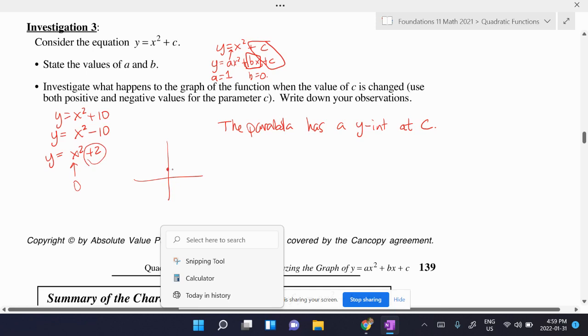So it might have a point here at 2. Or if it's this one, and x is equal to 0, then y is equal to negative 10. So it has to go through that point. So that has to be the y-intercept. Okay, carry on.